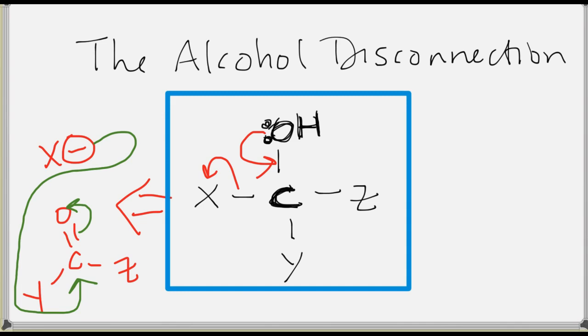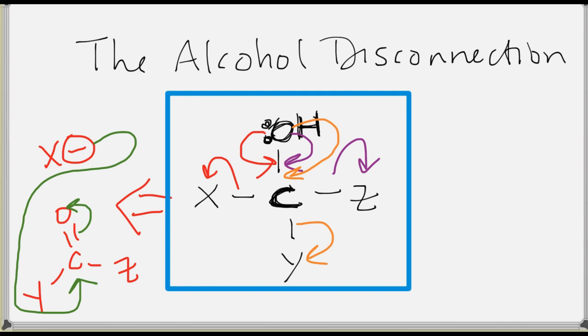So that's the alcohol disconnection, and the take-home message is that you can potentially do three different disconnections. The red one, the blue one where you'd add Z- to a carbonyl, or the orange one where you'd add Y- to a carbonyl.